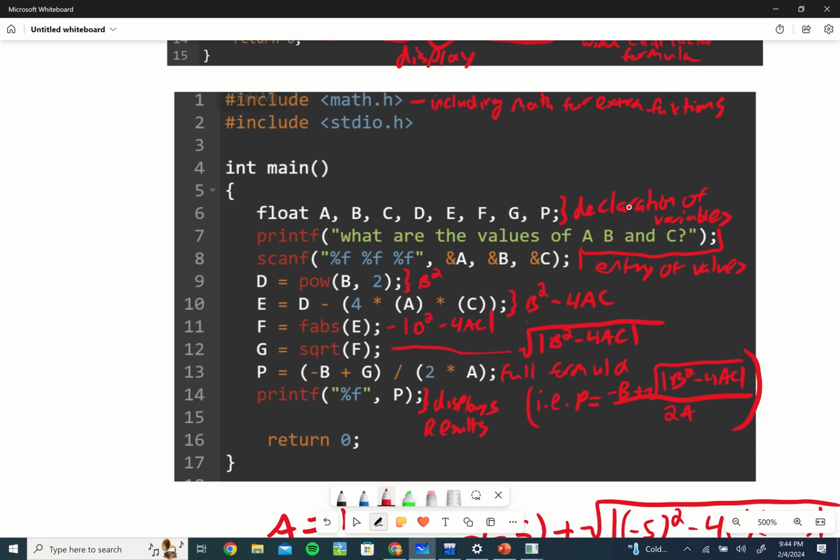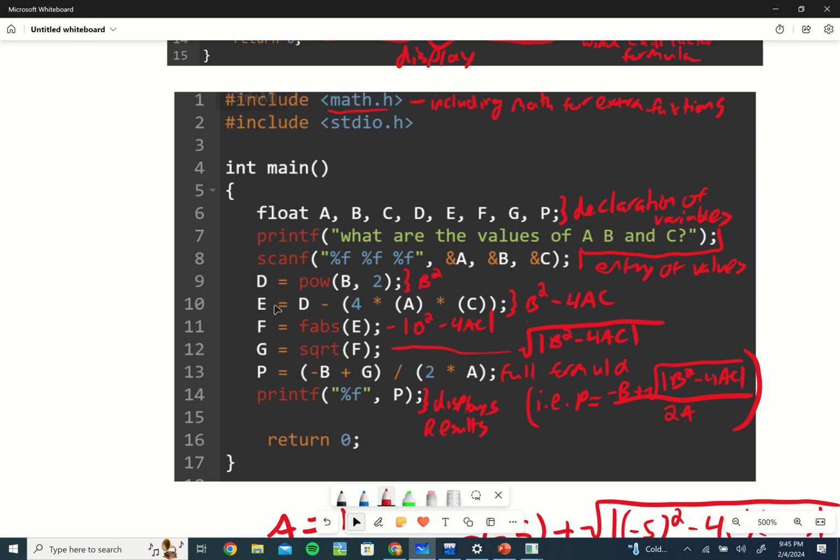So once again, we need to include the math.h, and after that, obviously the stdio.h and the main function. After that, the declaration of variables and entry of the values. So A, B, and C are going to be what we're working with for our formula. And then I use D to get B squared.